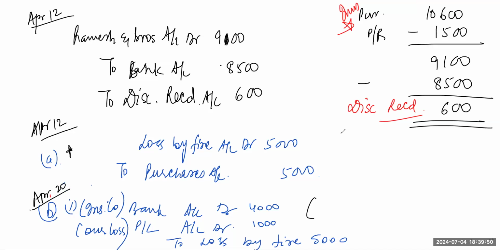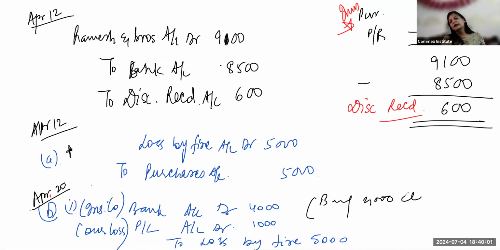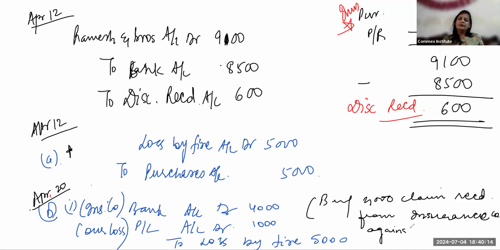Oh, okay, ma'am. So it'll be bank account debit. Being 4,000 claim received from insurance company against loss by fire.